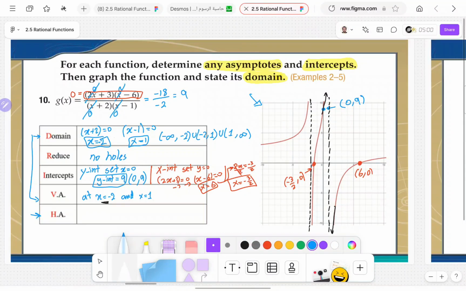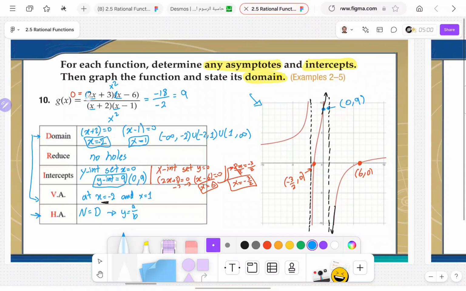Now let's find the horizontal asymptote. We know that to find the horizontal asymptote we take the degree of the numerator and the degree of the denominator. Now let's look at the degree of the first one. I have x and I have x, so I have 2 x's. Same thing with the denominator, I have 2 x's. So now they are equal. The numerator degree is equal to the denominator degree. So I have to take y equals a over b. Now what is the number here?